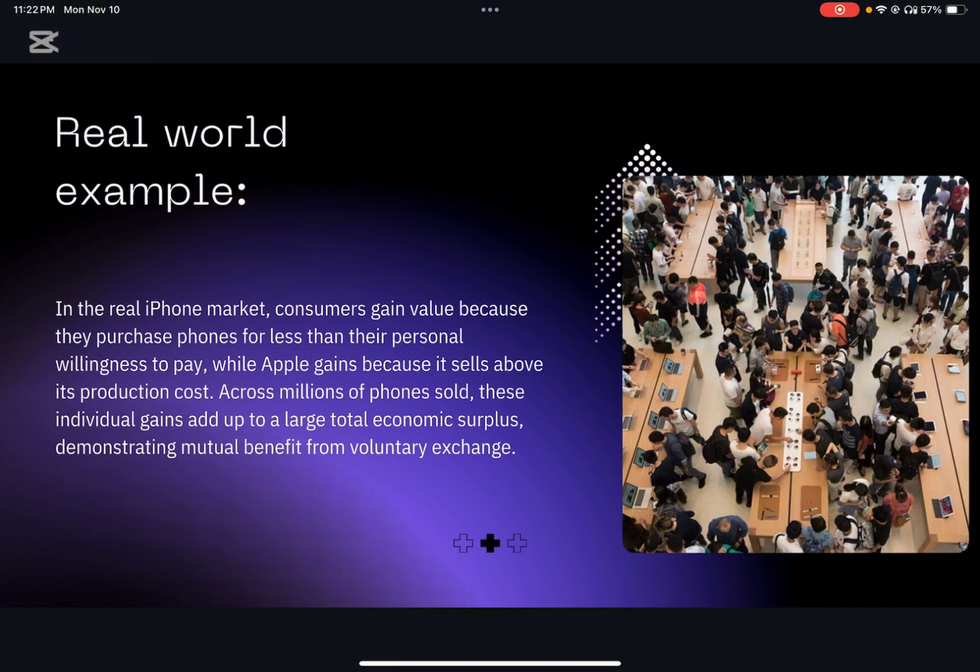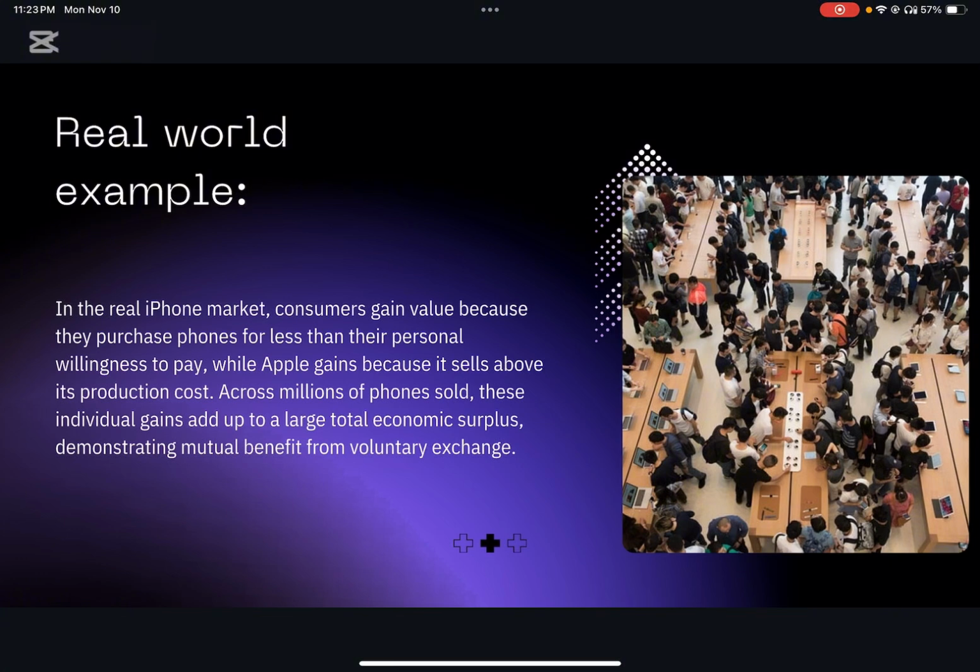Let's use a real world example. Let's use the iPhone market. The iPhone market is a great example for economics. Economic surplus works like this: millions of consumers buy iPhones because they see the value beyond the price. That's their consumer surplus. Apple earns a profit on each iPhone it sells.